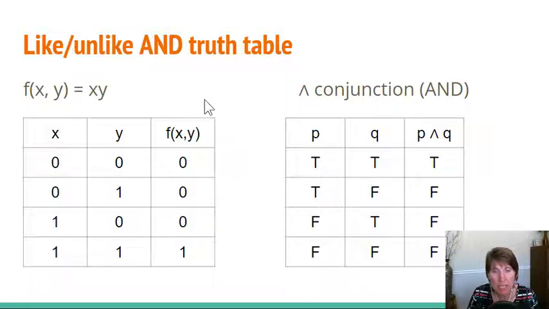Another thing we see is how it's labeled. For the function, the final output is just labeled as a function, f of x and y. Whereas in the truth table, it's labeled with the actual logical expression, P conjunction Q. So the label of the final column is different, the zeros and ones compared to T's and F's are different, and the order of the tables themselves is different.